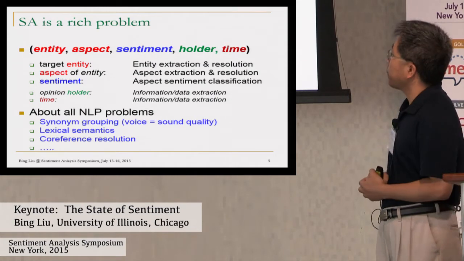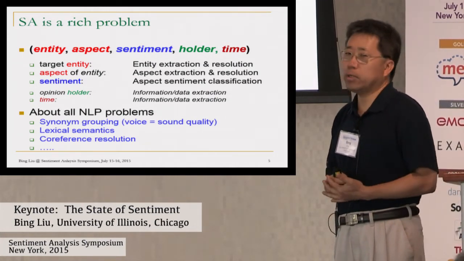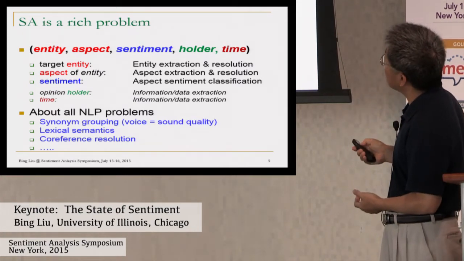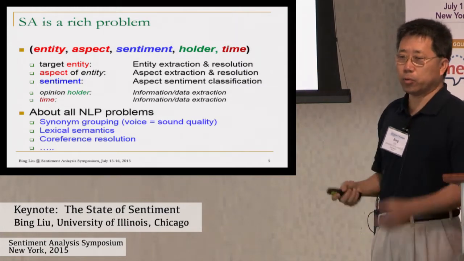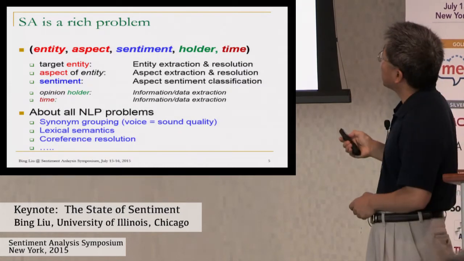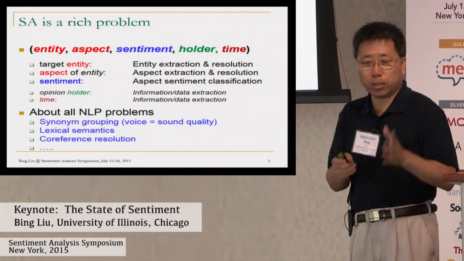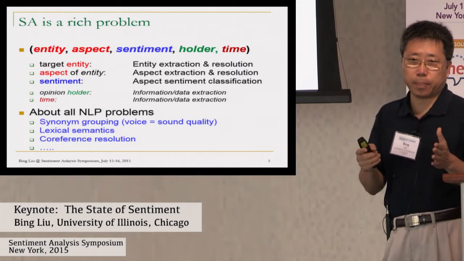So anytime people ask me what is the accuracy of sentiment analysis, it's a very difficult question to answer, because what are you talking about? Are you talking about just sentiments? I just try to get whether it's positive or negative, or also you want to get the target of the sentiment, right? And if you want to put them together, you want to get both of them correct, which becomes even more difficult, right?